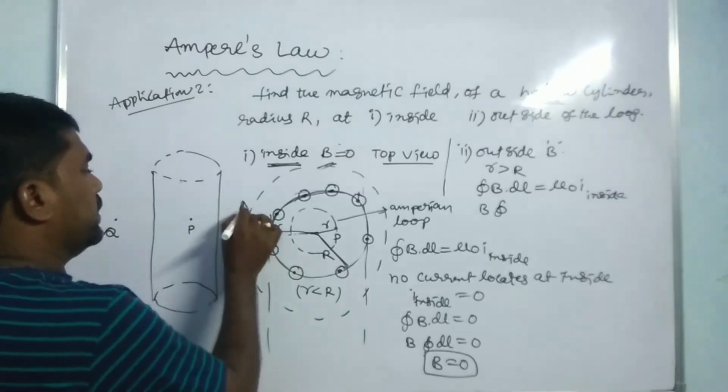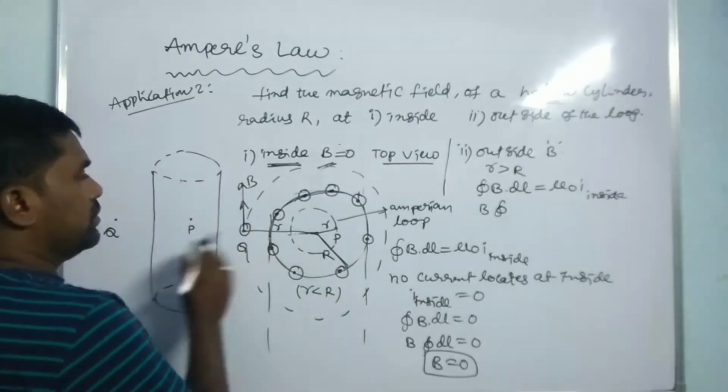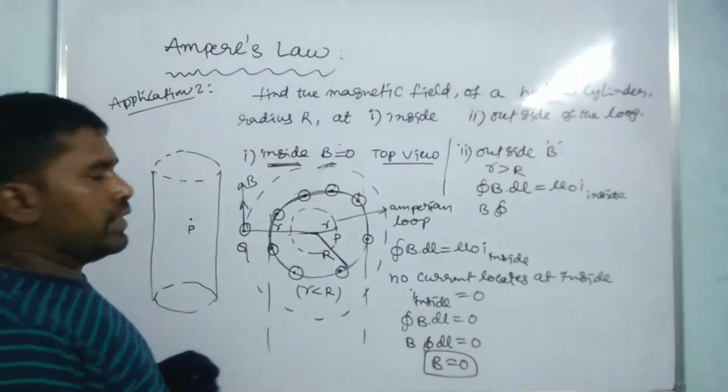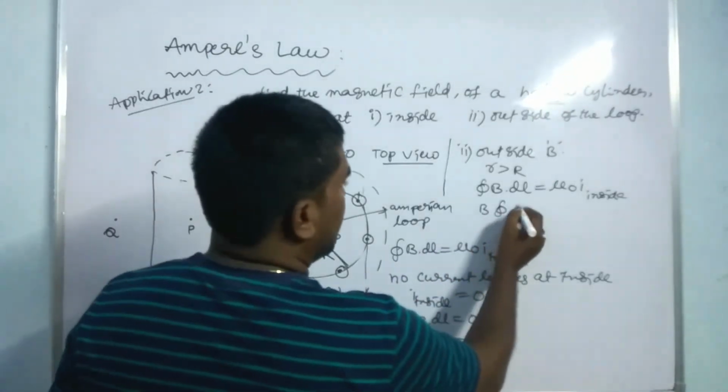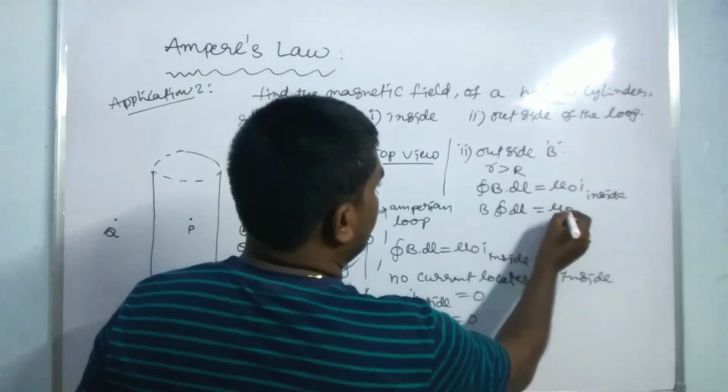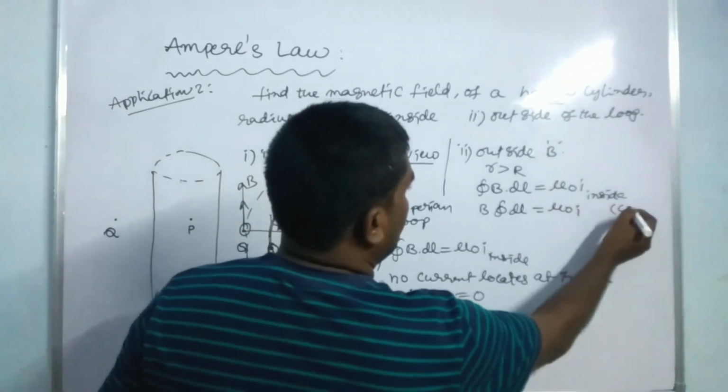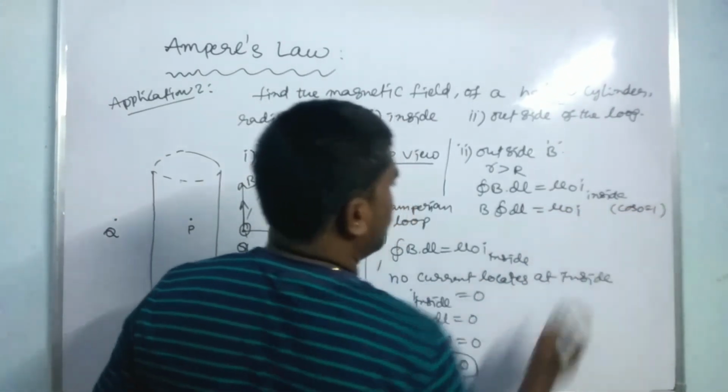This is the dl and there is the B. These have the angle theta equal to 0. Hence B integral dl equals mu naught I, where cos 0 is equal to 1.